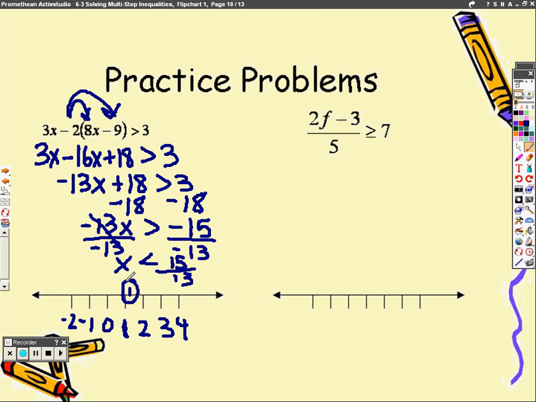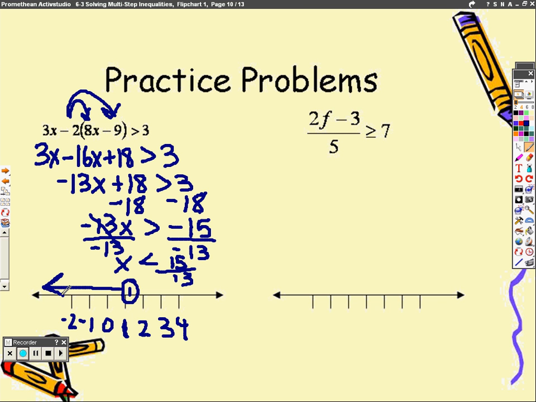And since x is less than 15 thirteenths, it does not include 15 thirteenths, so my arrow has to go to the left to show that my solution can be anything that is less than 15 thirteenths.